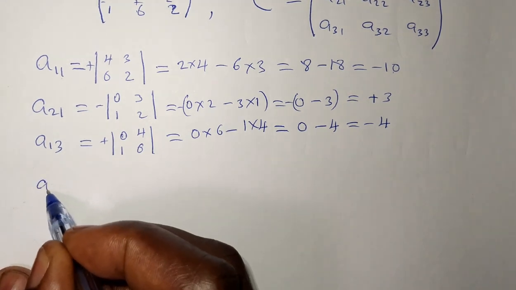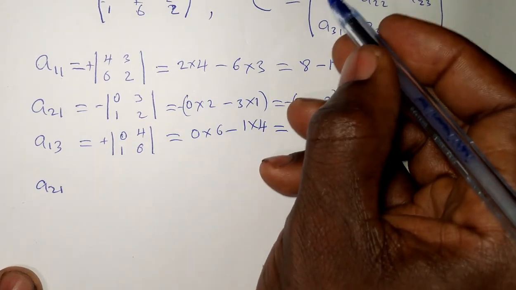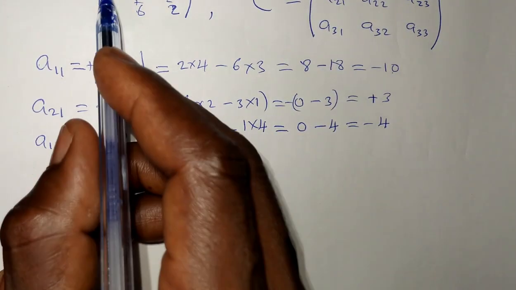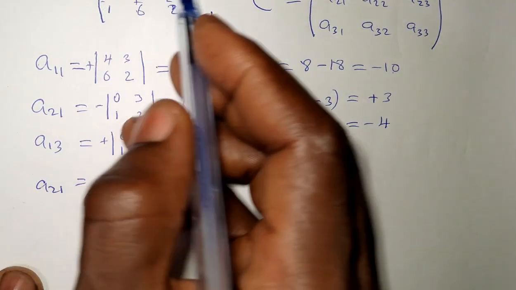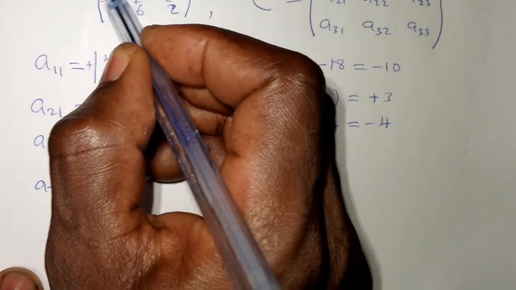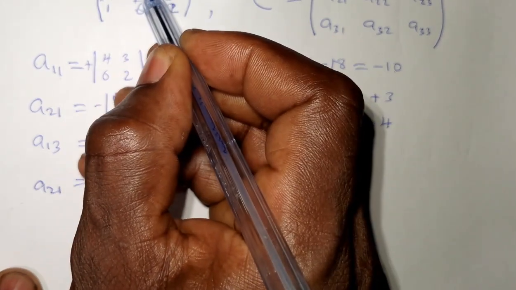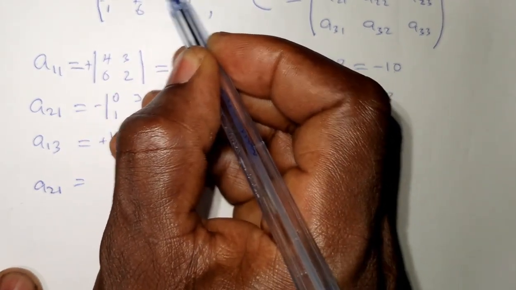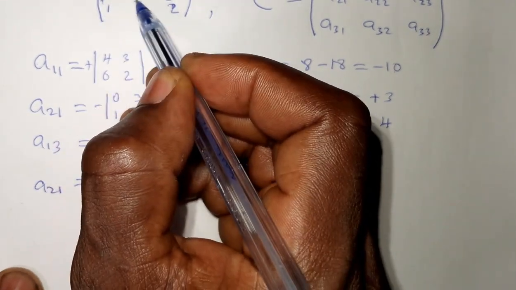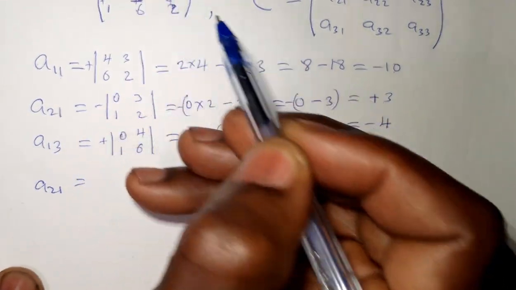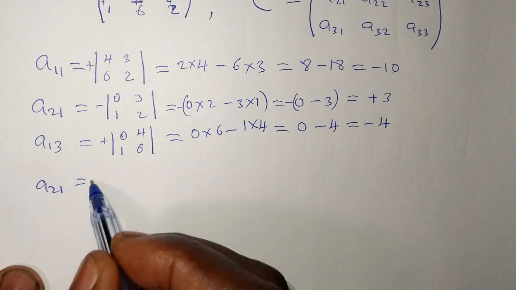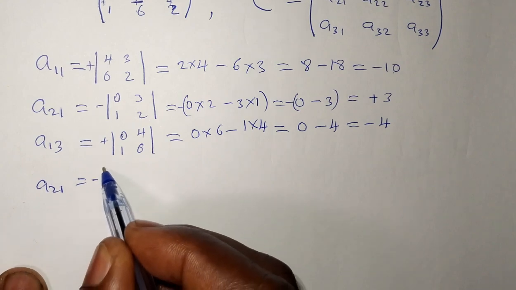So we have A21, that is this, is equal to, if you check here, it's plus. Sorry, this is minus, this is plus, this is minus, this is plus, this is minus, and this is plus. So this will give us minus in bracket.